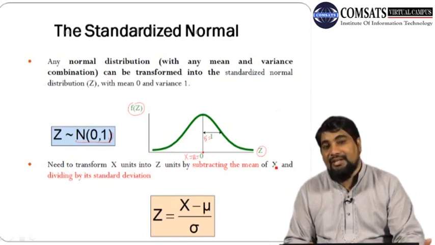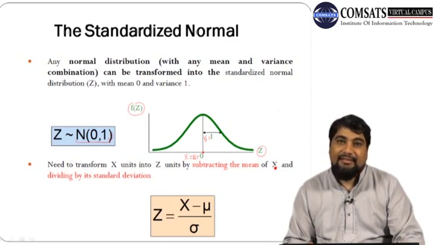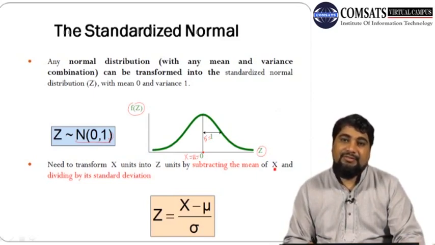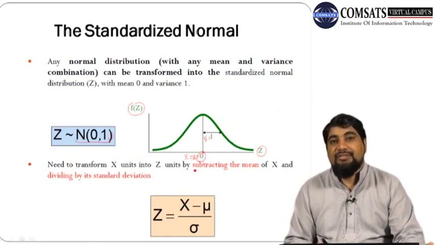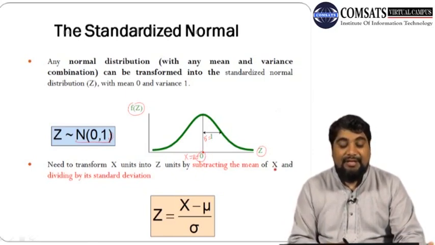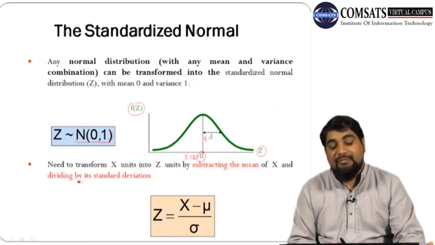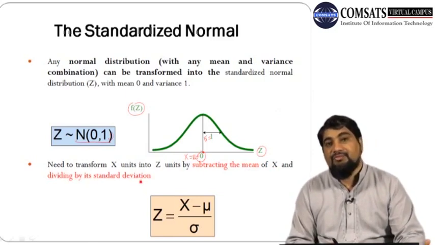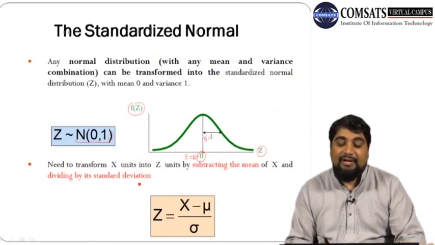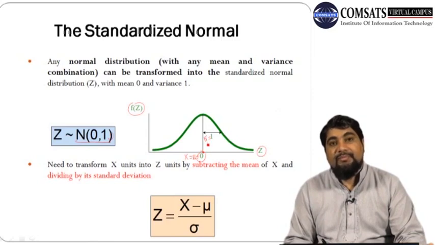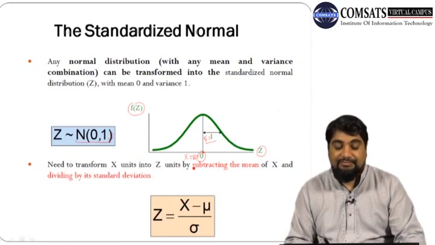If we subtract the mean of a random variable x from each of the observations, we are centering the random variable, shifting the mean to 0. And if we divide the same random variable by its standard deviation, we are scaling, adjusting the scale of the random variable, or in other words, making the standard deviation 1.